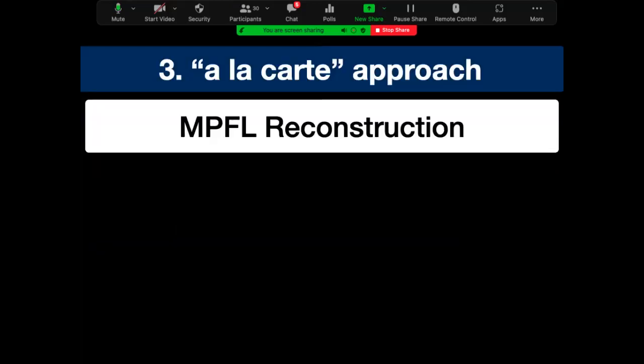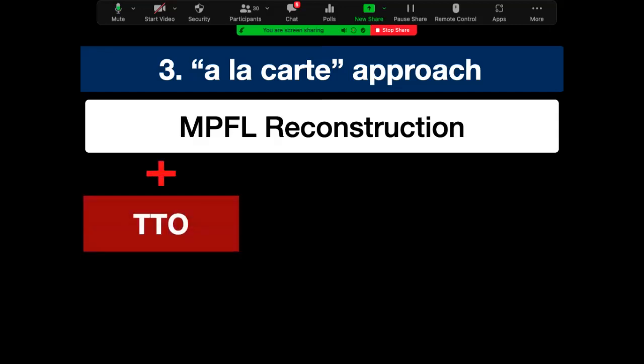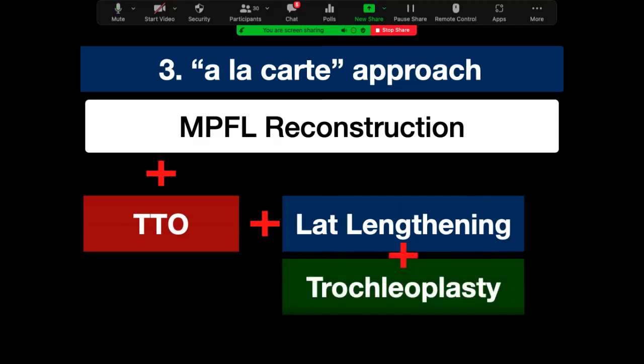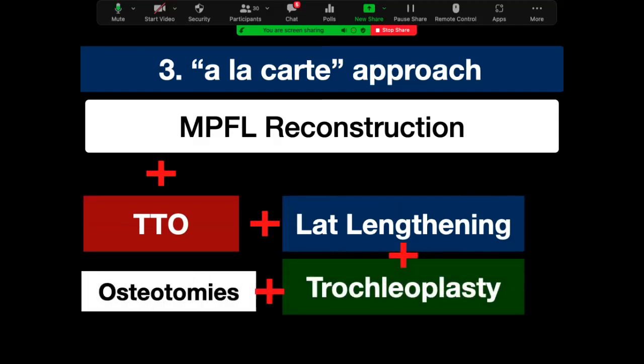Just one slide about the a la carte approach. We all know what is a la carte. Order according to your demand. That is the simplest explanation of the a la carte. Whatever you want, you just order. So what Dizo says is that MPFL reconstruction is a must. Along with the MPFL reconstruction, probably most of the time you can associate TTO or the lateral lengthening or trochleoplasty or even osteotomy.